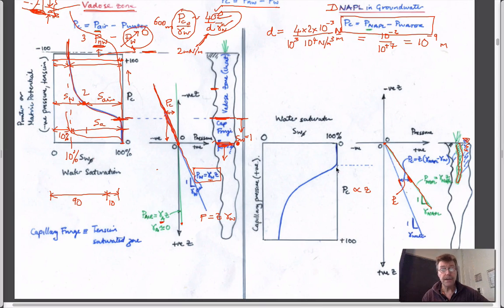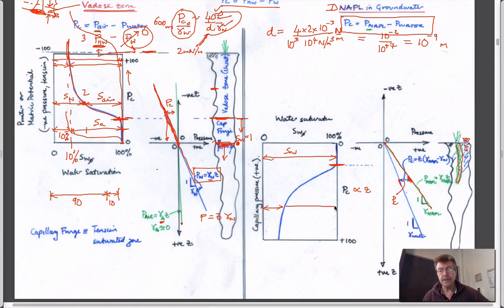And you see the same behavior. This you'd expect to be 100% saturated. Below this, 100% saturated with the NAPL. And this would be partially saturated.